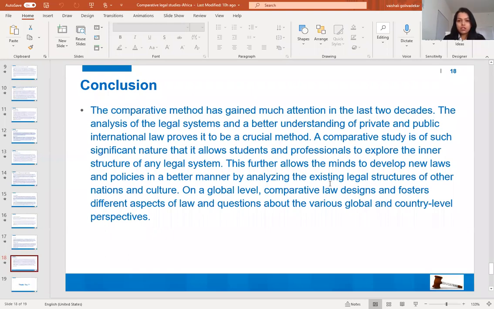This further allows minds to develop new laws and policies in a better manner by analyzing the existing legal structures of other nations and cultures. On a global level, comparative law designs and fosters different aspects of law and questions about various global and country level perspectives. So that's it for the day. I hope it helps. And yes, I'm done with my lecture.